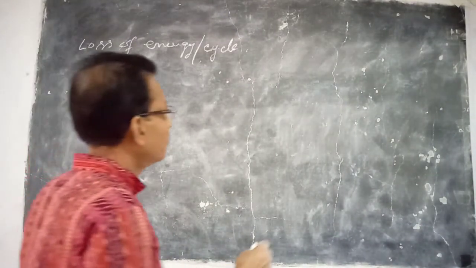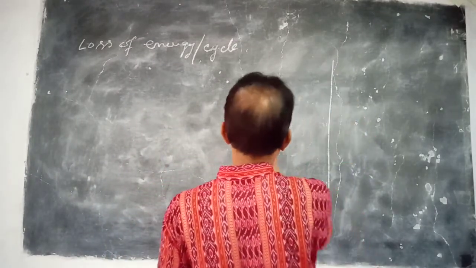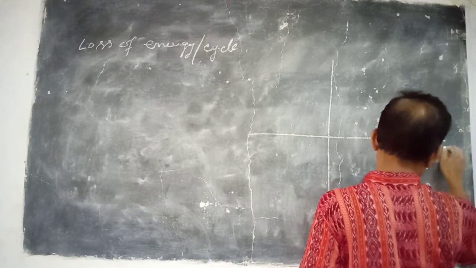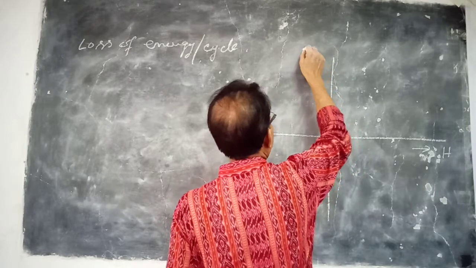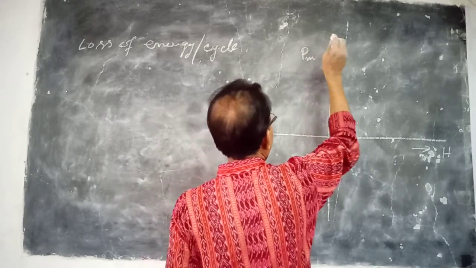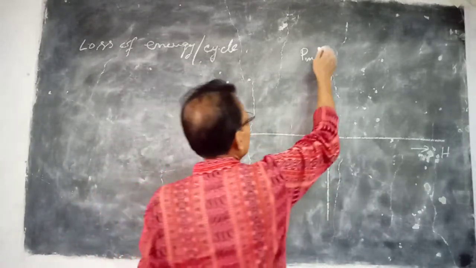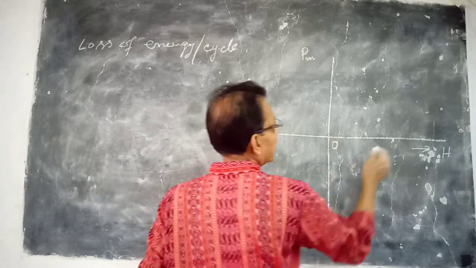Now, if we plot the intensity of magnetization with the external field, H is plotted in this direction, and say PM is plotted in this direction, or the magnetic induction B can also be plotted along this direction. Now, this is the initial position.